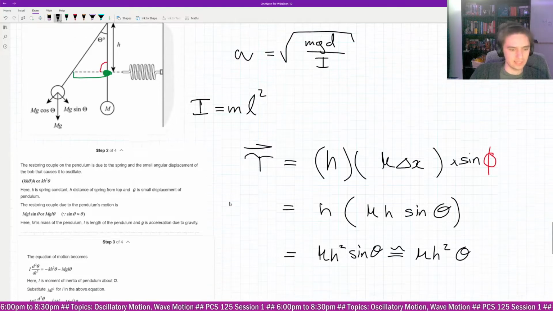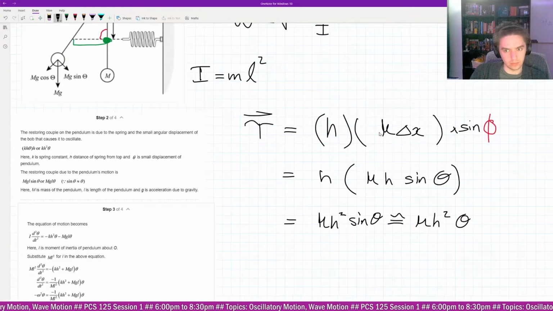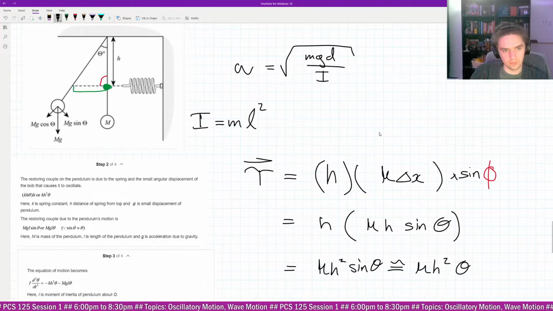Okay, that's the first. Oh, but they didn't lose the negative. I lost the negative because I took the absolute value. Somehow they didn't lose the negative, probably because of the direction. Is counterclockwise negative? Is that how we did it last semester?